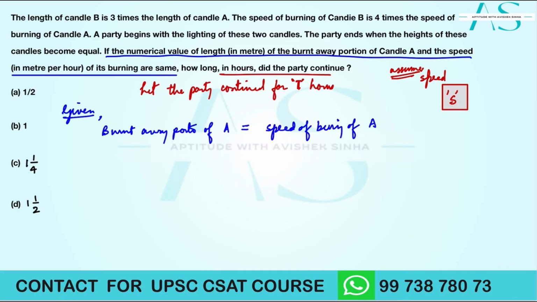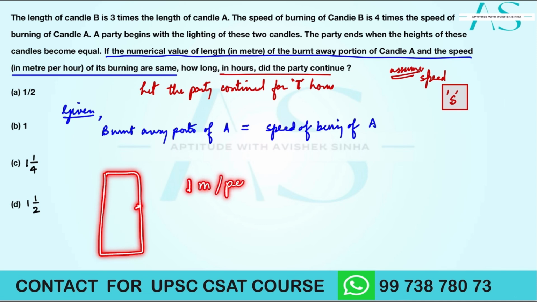और burnt away portion of A कैसे figure out कर सकते हैं? Let's suppose this is my candle and I say the speed of burning is 1 meter per hour, and 2 hours में ये कितना burn करेगी? तो आप बोलेंगे 1 meter per hour is the burning rate or speed. For 2 hours it would burn into 2.